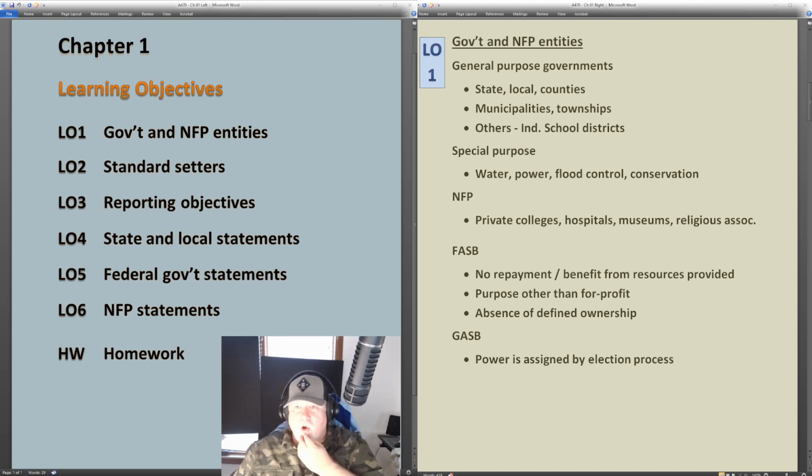All of those are running under some form of the type of accounting that we're going to be studying. That's a lot of governmental organizations.